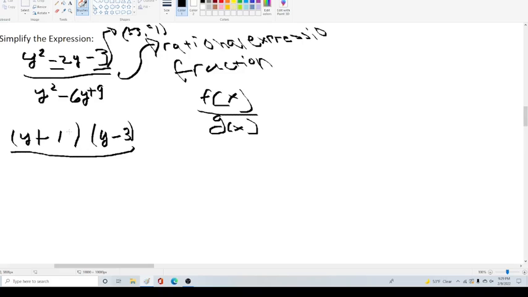And the same idea applies to this one. Y squared minus 6y plus 9. What multiplies out to 9, but adds up to minus 6? Well, the bottom factors out y. There's going to be two factors of y.